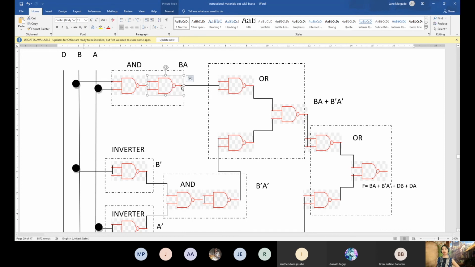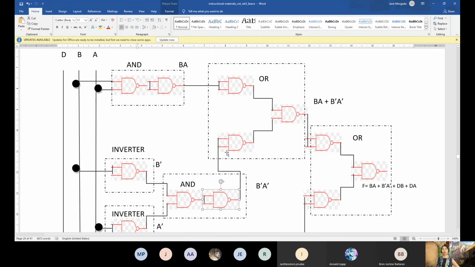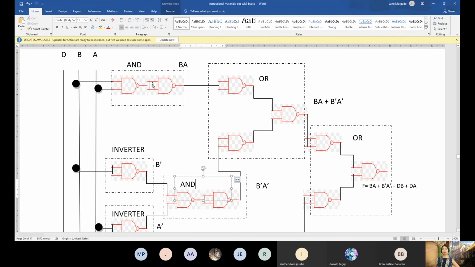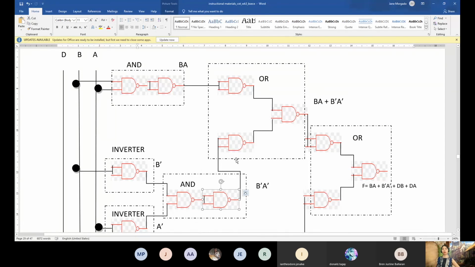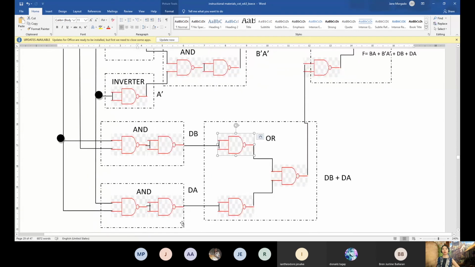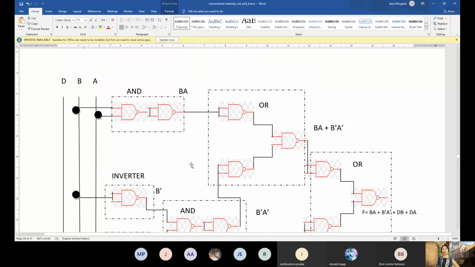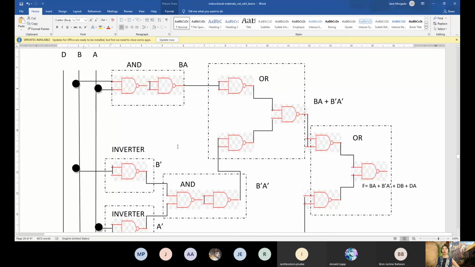You can easily spot the inverter if you see the inputs are being tied up. So we actually have 1, 2, 3, 4, 5, 6, 7, 8 inverters. We can remove them already.